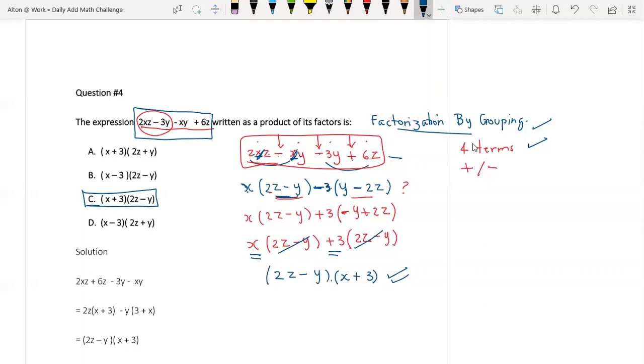Now, at first glance, it is instinctive to factor out minus 3. And that's what we did here. But if you take out minus 3, you're left with y. Of course, you must change this to minus, because minus by minus gives you back the plus. But a problem arose.